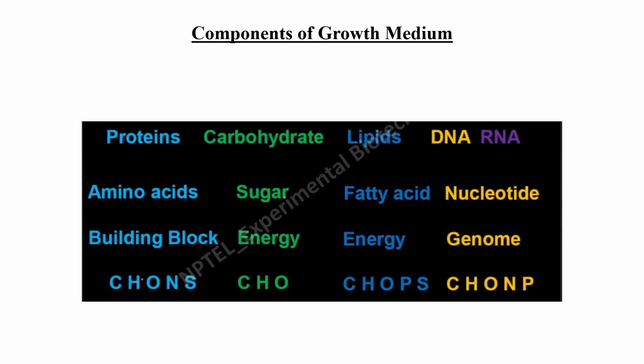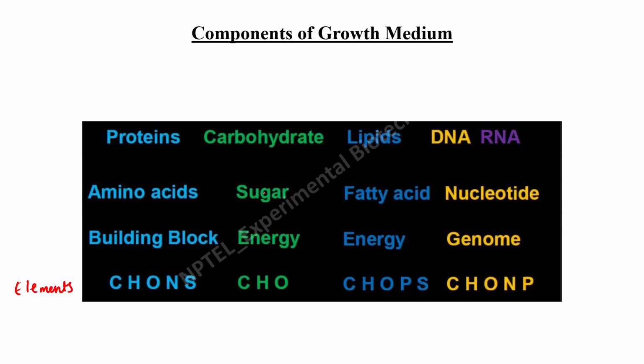So here you can see this shows the different elements that are gained from these different sources that we provide in the growth medium. If we are adding any amino acid, basically they are acting as the building blocks for proteins. The elements that are present are carbon, hydrogen, oxygen, nitrogen, and sulfur.